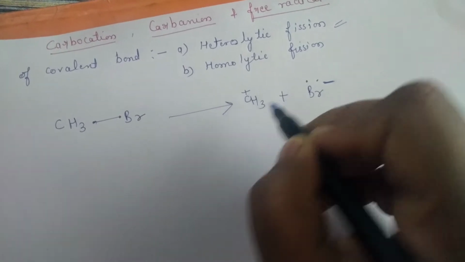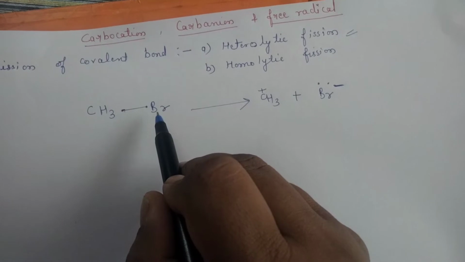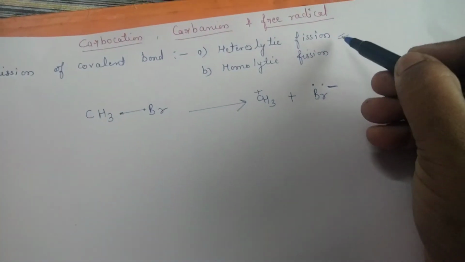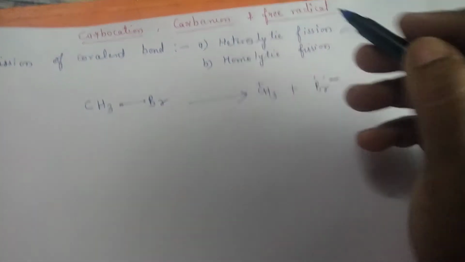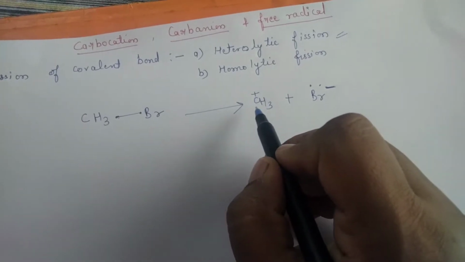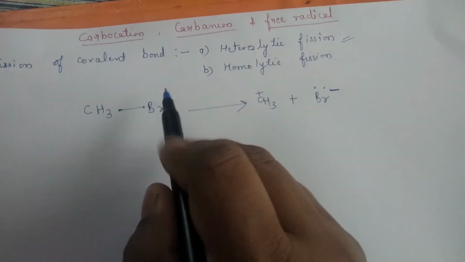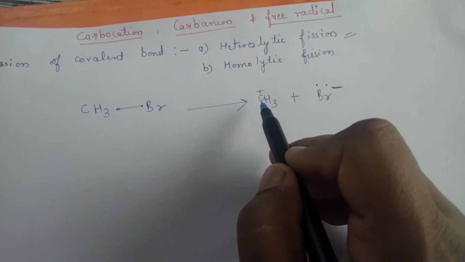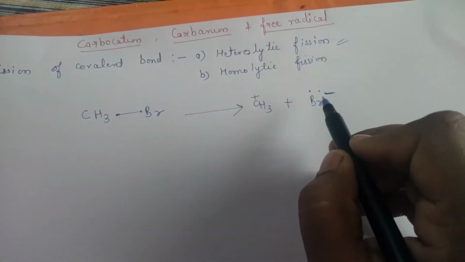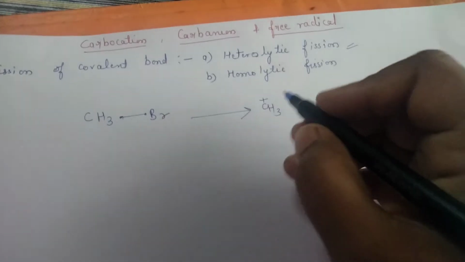So if cleavage takes place like this, that the shared pair of electrons is taken by one atom, that type of cleavage is called heterolytic fission. And this carbon atom has positive charge and 6 electrons in its valence shell, because it has given these 2 electrons, so 6 electrons, sextet. If an atom has 8 electrons in its valence shell, it is called octet; 6 electrons is sextet.